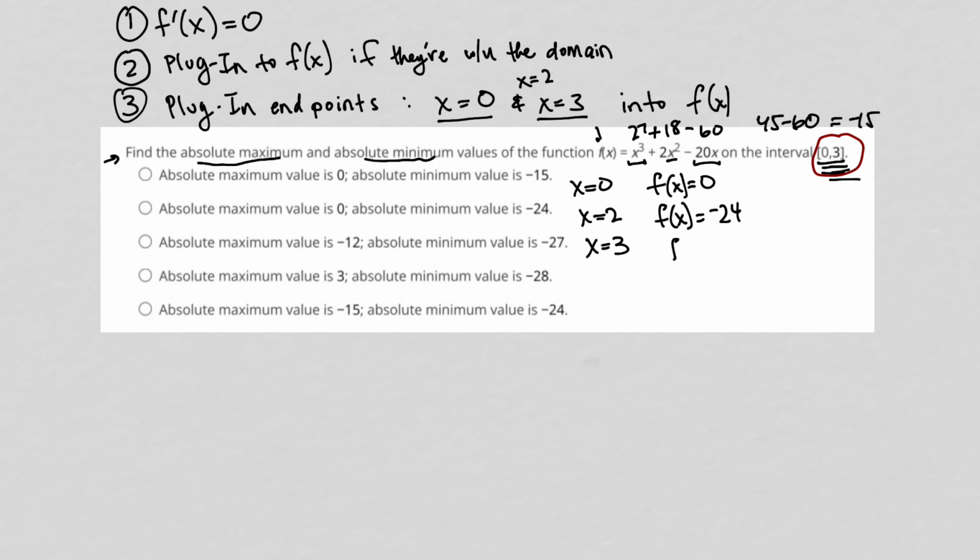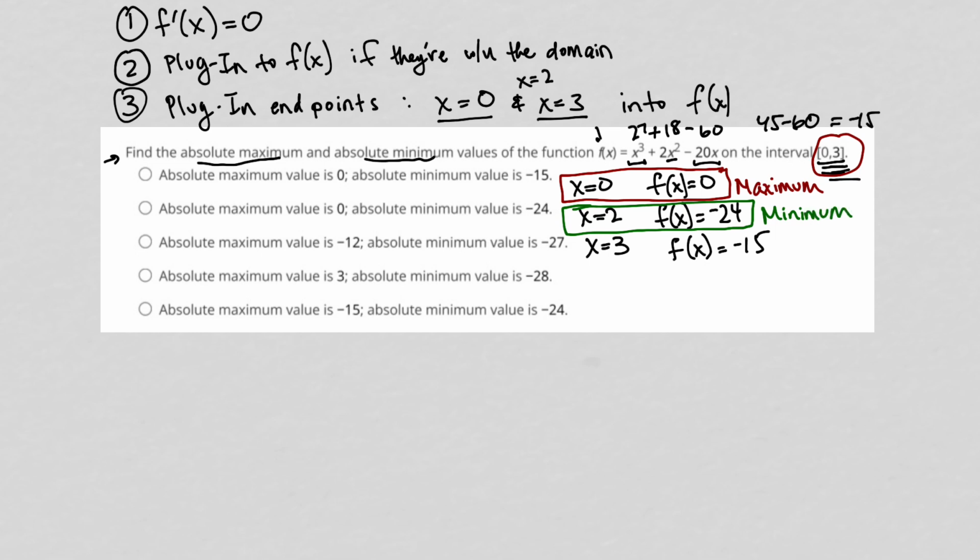So at x equals 3, f of x is negative 15. Out of these options, what's the highest value we have? x equals 0 is our highest value, which makes this our maximum. And out of the remaining two options, what's the lowest value we have? x equals 2 at negative 24. So that makes that our minimum.